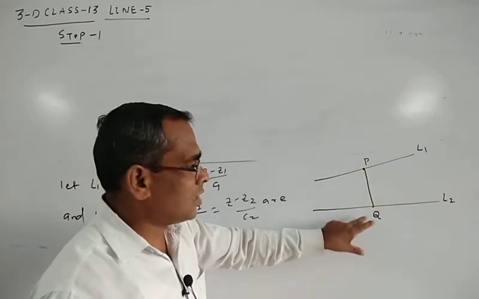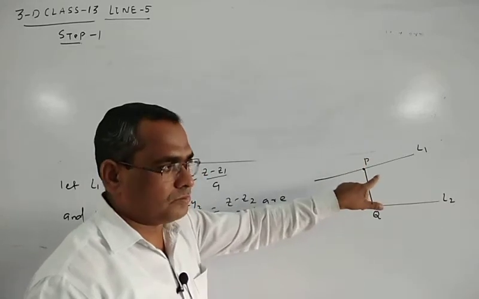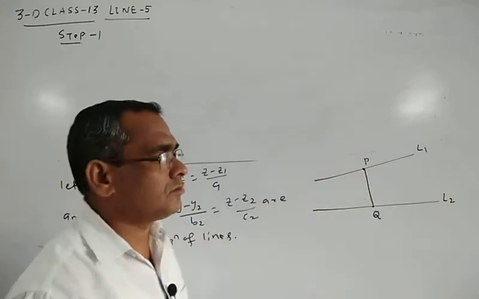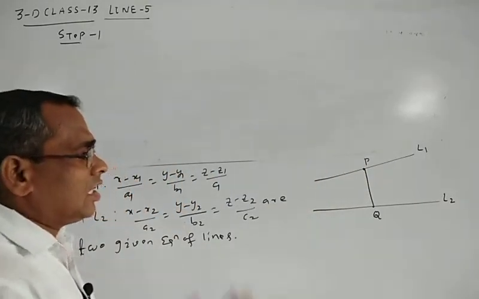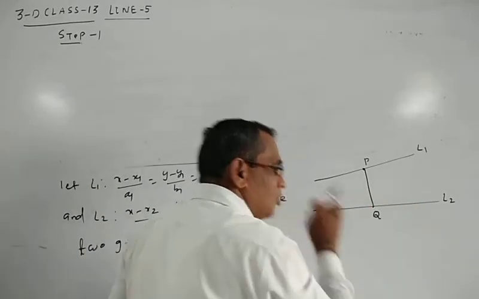So how to find it? First take any point P on the first line and any point Q on the second line.